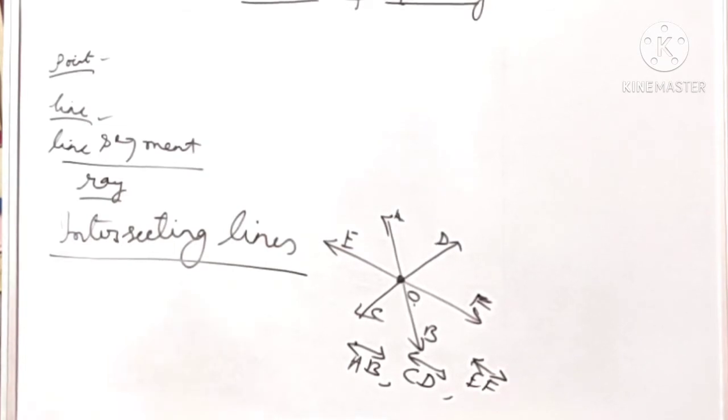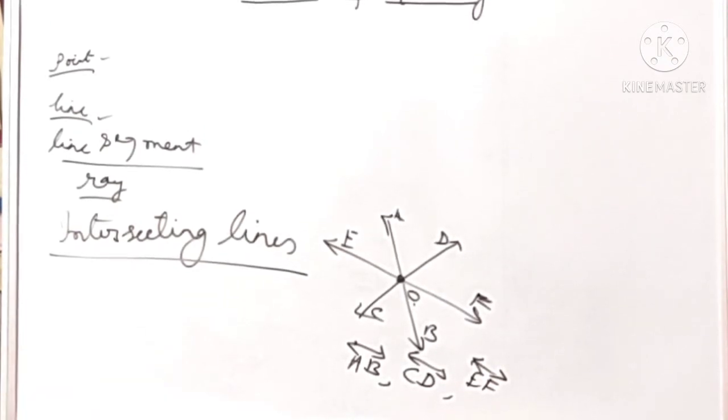So here lines AB, CD, EF are intersecting lines, and the point O where they intersect is known as the point of intersection. Okay, so I think you have got intersecting lines.